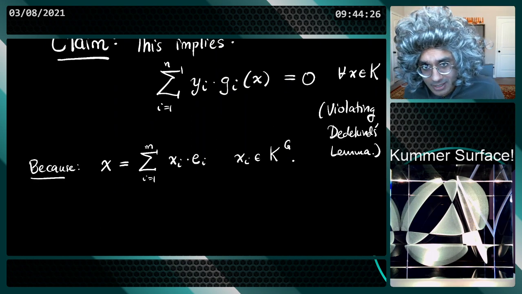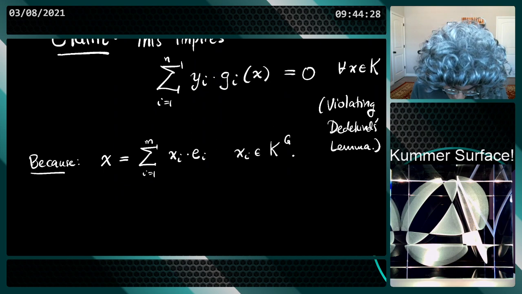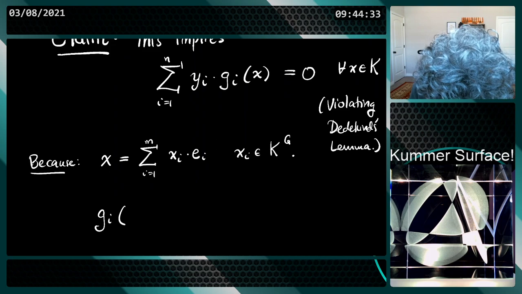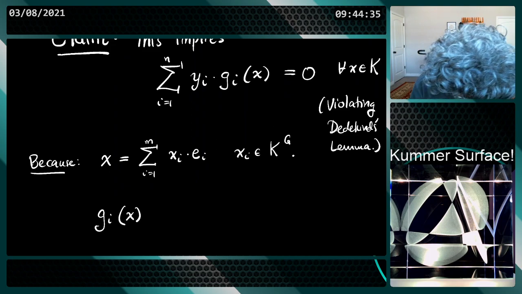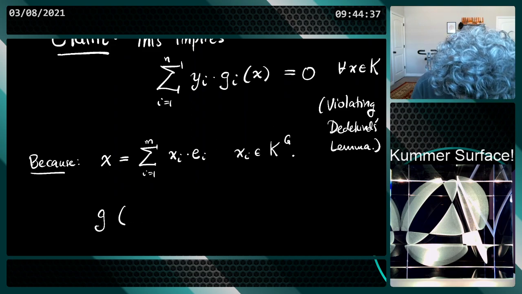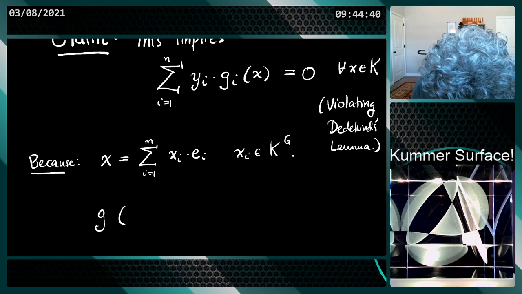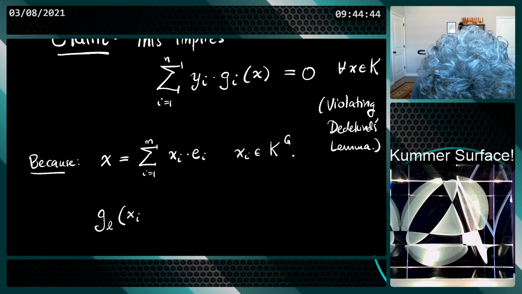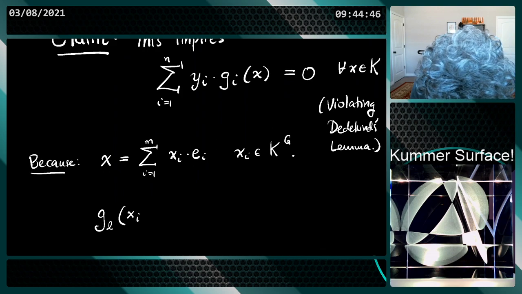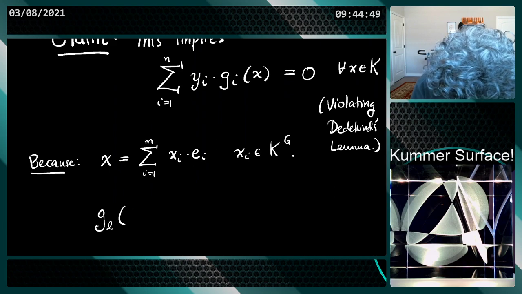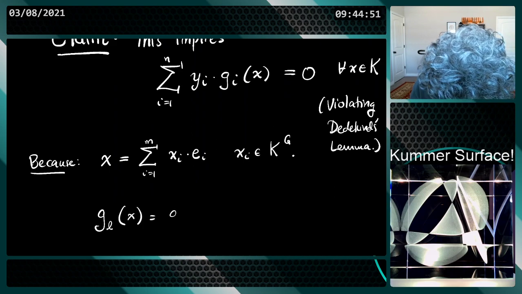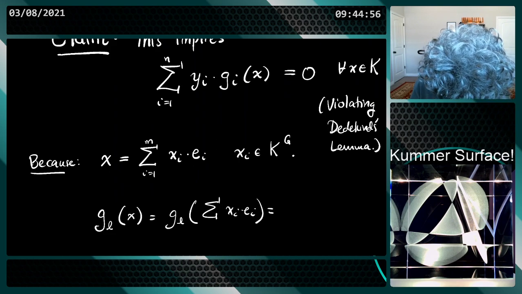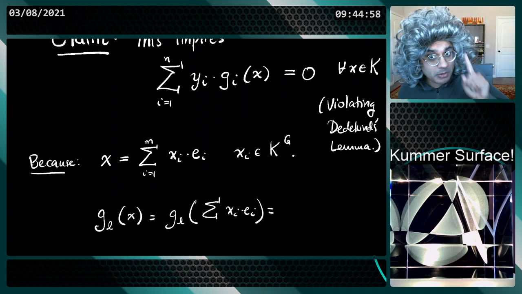So you can write every element like this. And now if you apply, for example, gj to that, well, the g's are field homomorphisms.